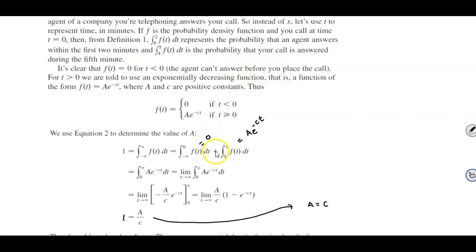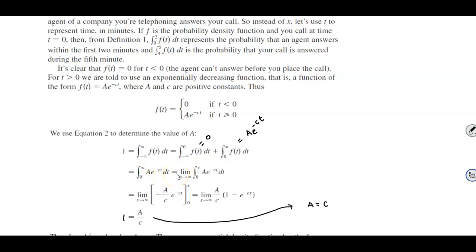So this is 0 plus the integral from 0 to infinity, where t is greater than or equal to 0. Now we replace this function with a e to the negative ct, and we go from 0 to infinity of a times e to the negative ct dt.